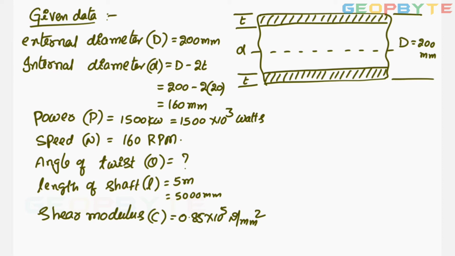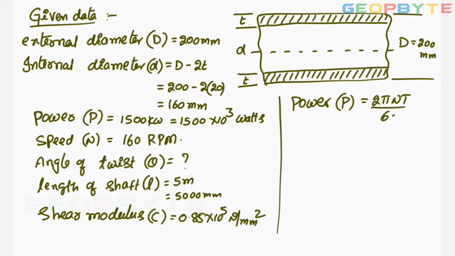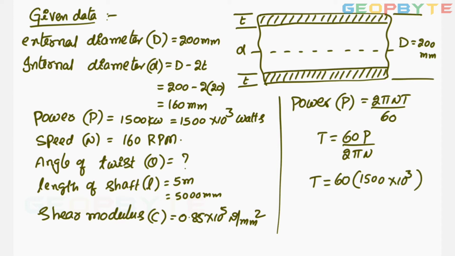First let us find the torque from the power. Power P equal to 2 pi n T by 60, T equal to 60 P by 2 pi n. T equal to 60 into power, 1500 into 10 power 3, divided by 2 into pi into 160.